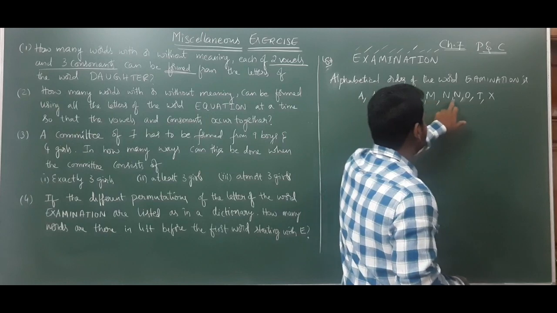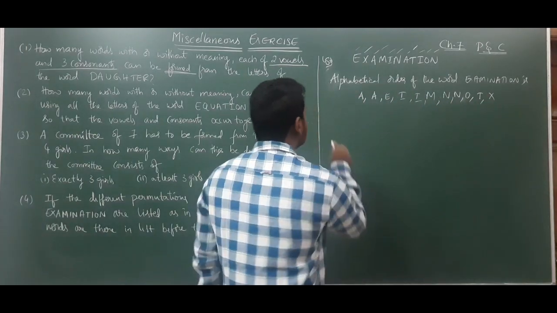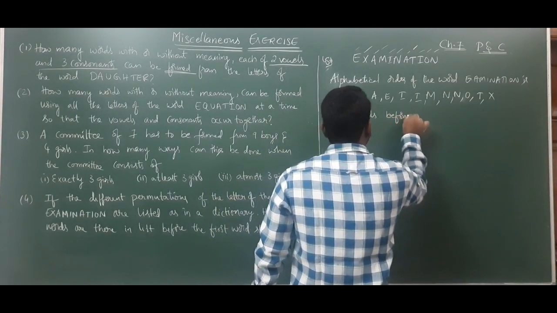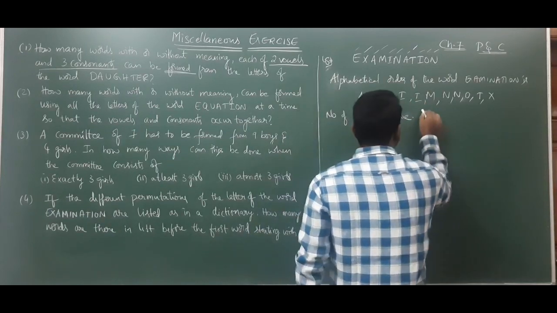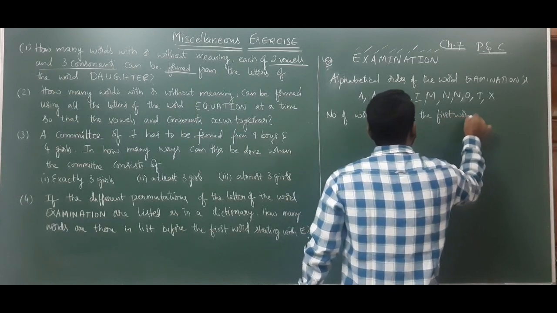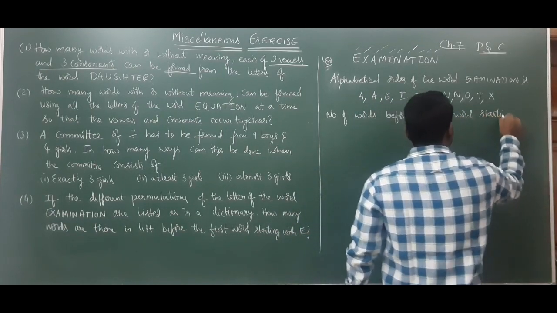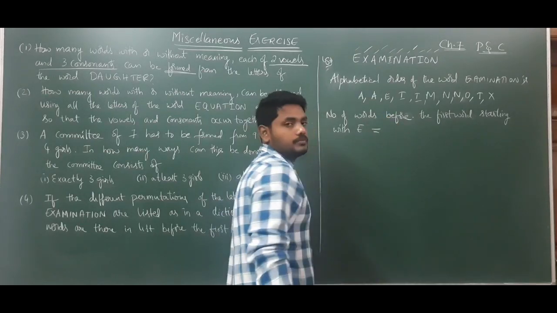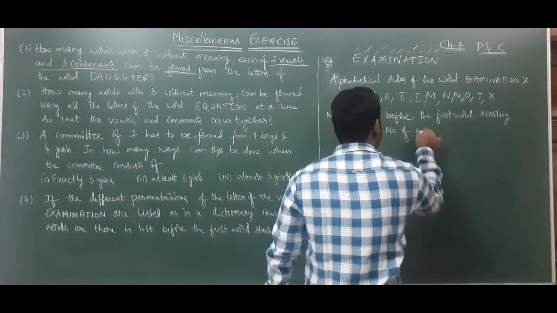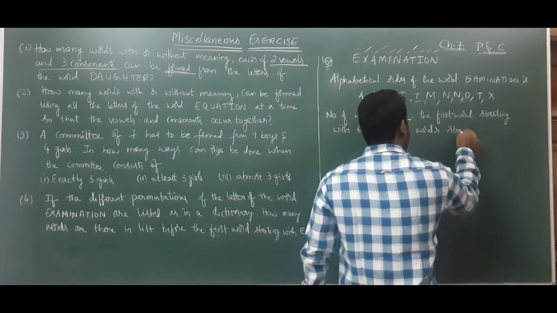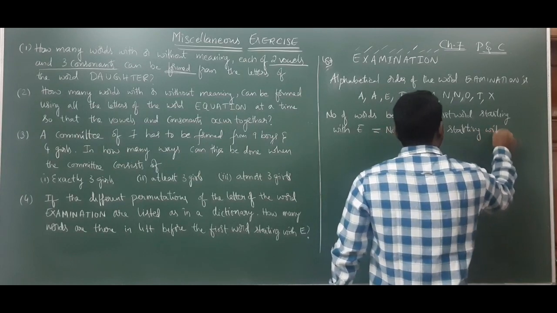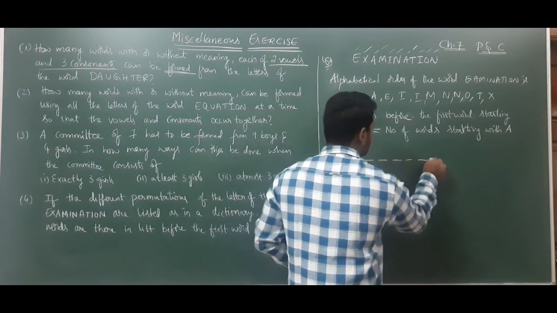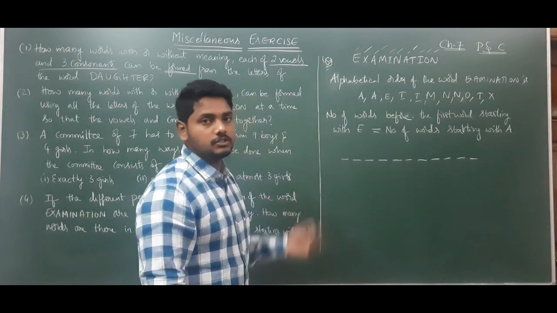Now the number of words before the first word starting with E is equal to the number of words starting with A. Before E is nothing but starting with A. So 11 places, right? So the first letter should be A.